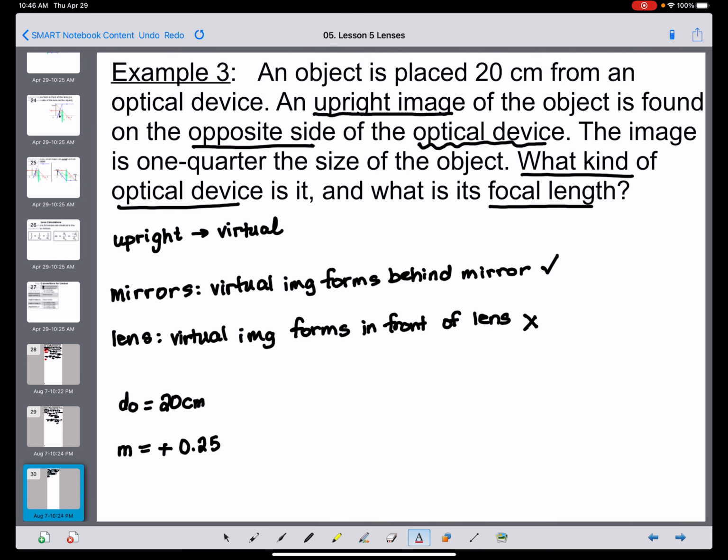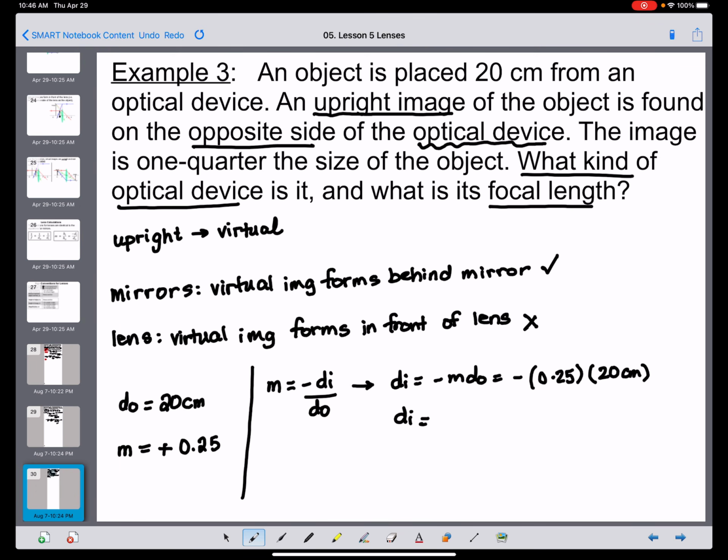So let's use the magnification to find DI. M is negative DI over DO, so DI is negative M times DO. That's negative times positive 0.25 times DO, which is 20. So DI is negative 5.